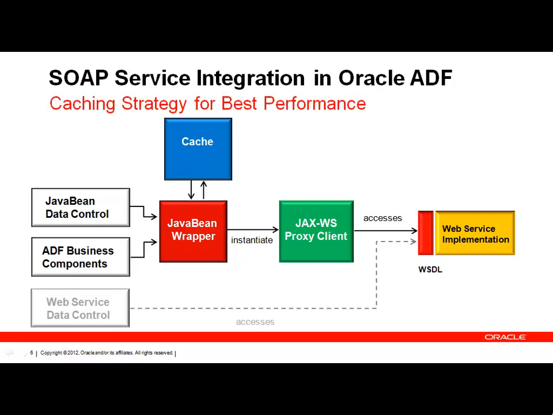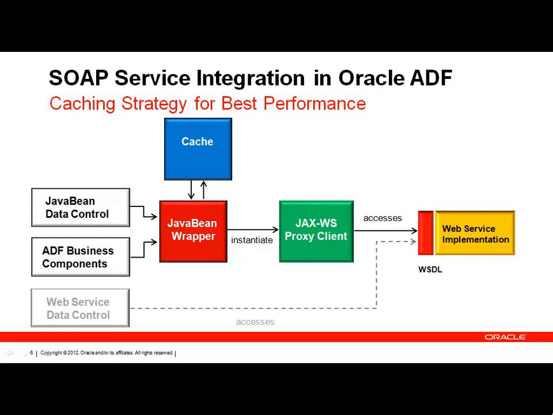One benefit you get from having a Java Bean wrapper sitting between the client and the server is that you can cache data that you query from the web service, so that you don't necessarily have to go back to the web service for all the queries that come from an ADF page. The cache could be as simple as a Java object cache, some object structure that you maintain in a POJO, or more sophisticated Coherence or whatever caching strategy you can come up with.